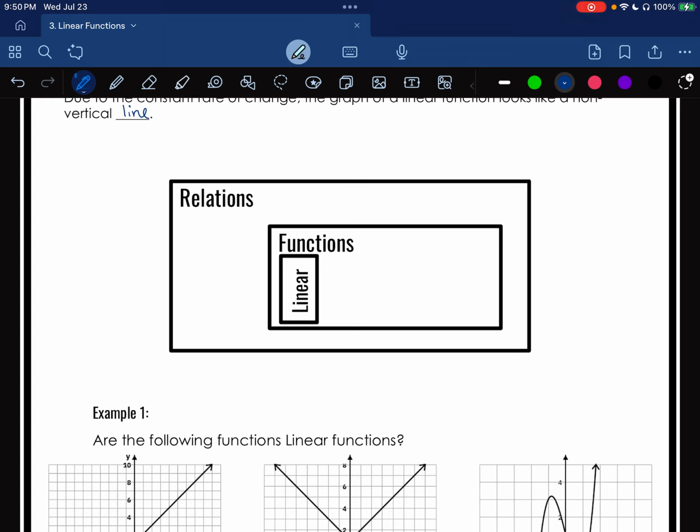Good stuff, right? There will be all kinds of extra squares or rectangles in here for different kinds of functions. Isn't that exciting?